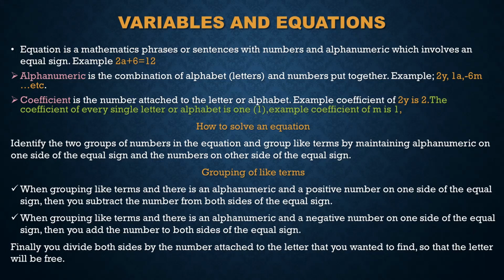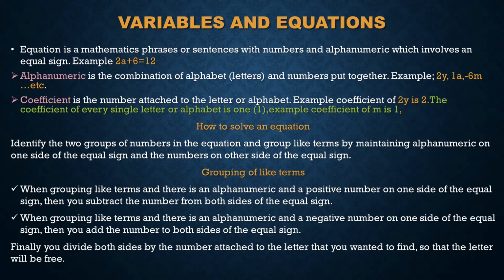So when you are grouping like terms and you find an alphanumeric and a number on one side, you have to eradicate the number from where the alphanumeric is located. If that number is positive, you subtract the number from both sides so that you maintain the alphanumeric on one side and the other side will be the numbers.